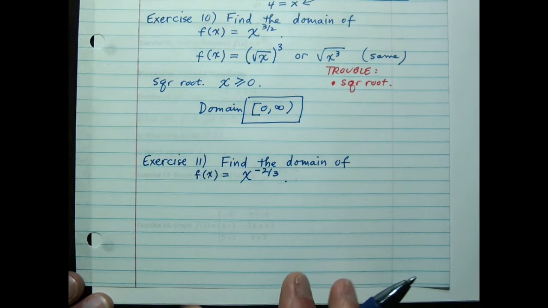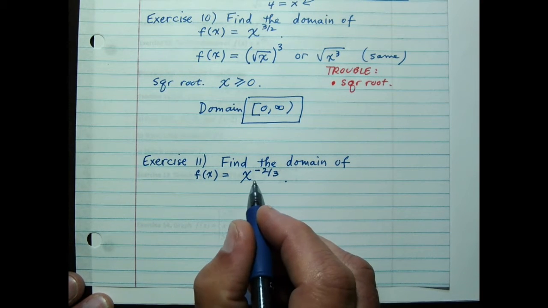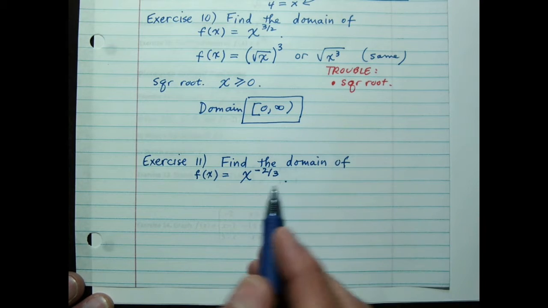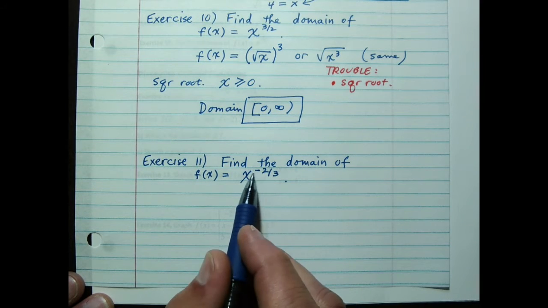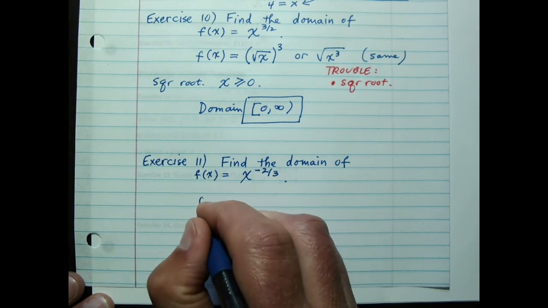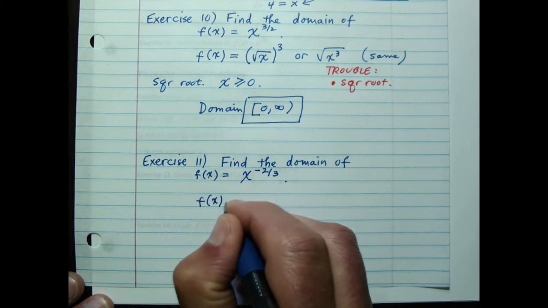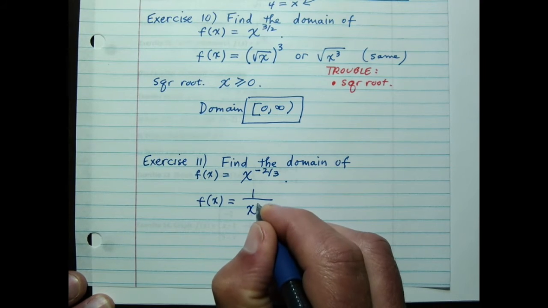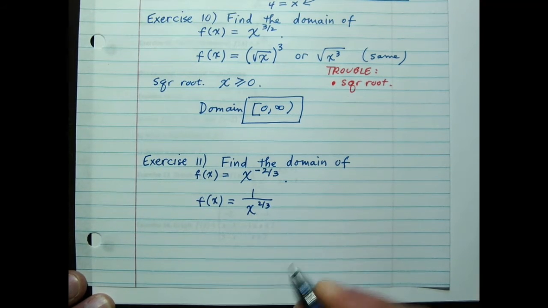Now exercise 11 is kind of similar, with a couple variations. It's not 3/2, it's 2/3 as an exponent. And I also added a complication. I threw in a minus sign on the exponent. So you know when you see a negative exponent like that, it means 1 over x to the positive 2/3.